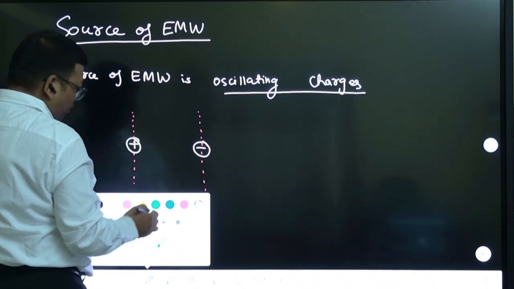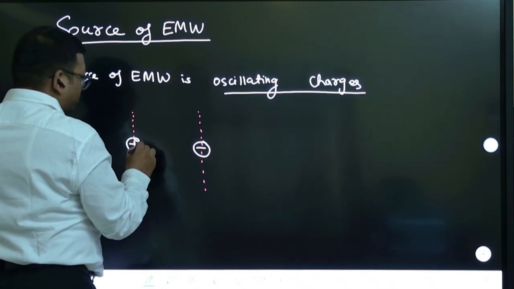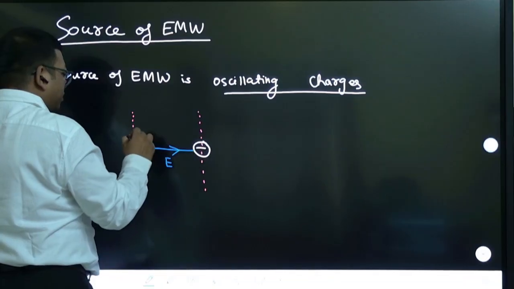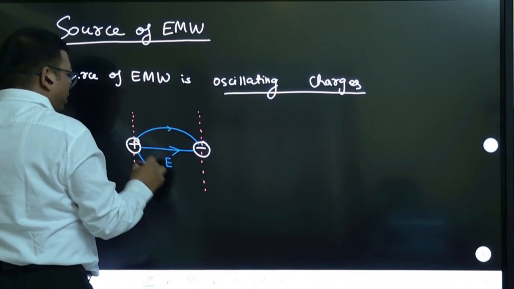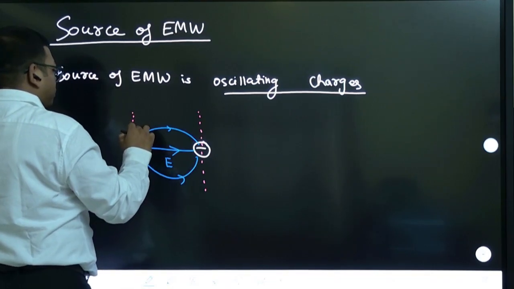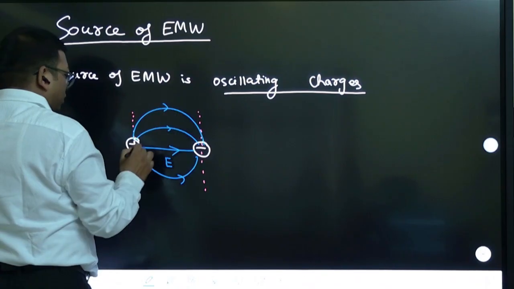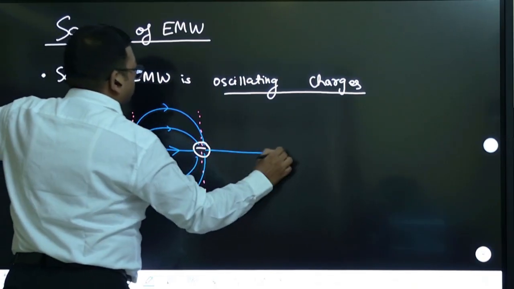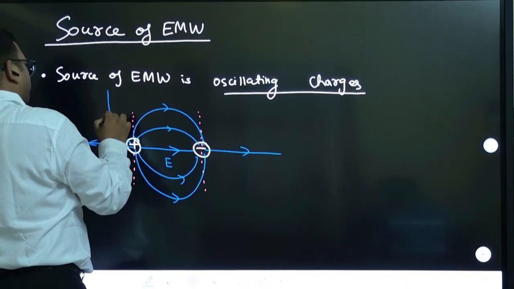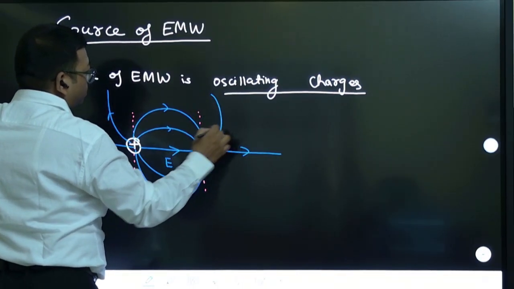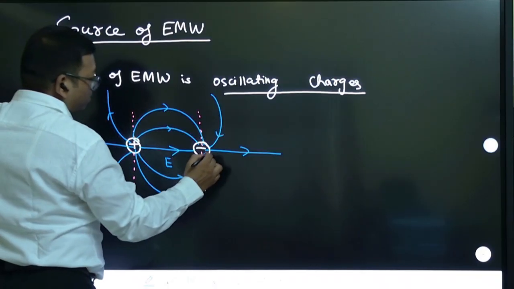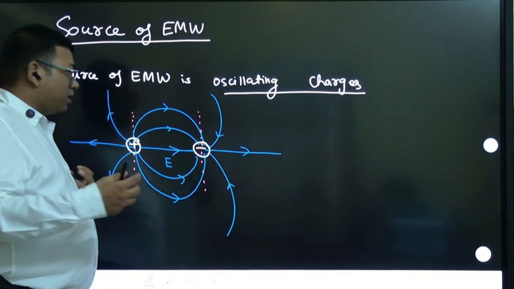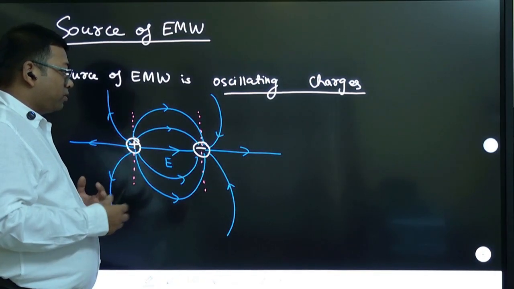So you know the electric field goes from positive to negative. This is electric field, and you can draw various other electric field lines. This type of lines we have studied in electric dipole, right? Now suppose this charge is moving, let us say it goes to extreme position.